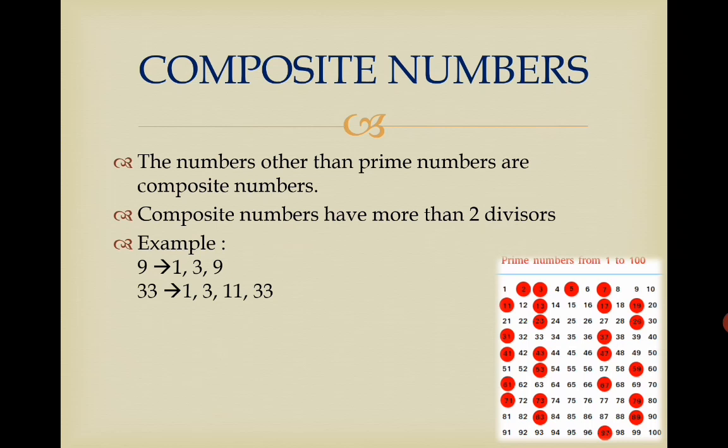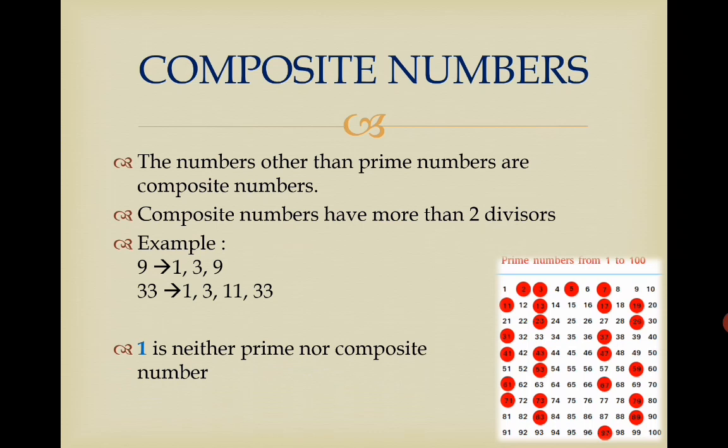So all the numbers other than the red marked numbers from the picture are composite numbers. You must be wondering why I did not mention the number 1 while giving examples of composite numbers. That is because the number 1 is neither a prime number nor a composite number.